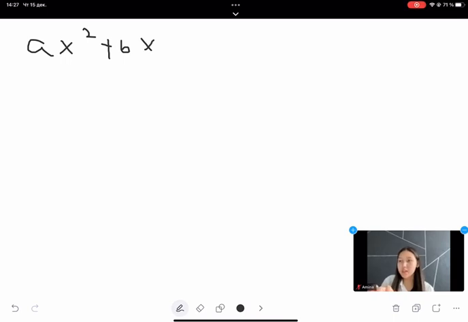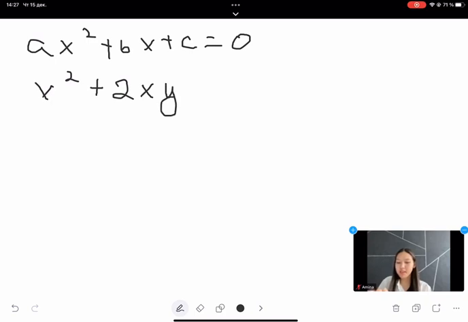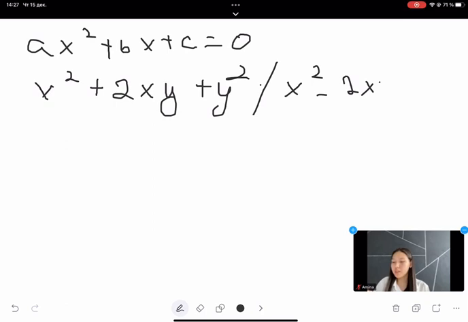Second, completing the square. We rewrite ax squared plus bx plus c equals 0 so that it becomes a perfect square, that is, the square of a first degree polynomial expression in the form x squared plus 2xy plus y squared. Both x squared plus 2xy plus y squared and x squared minus 2xy plus y squared are perfect square polynomials.